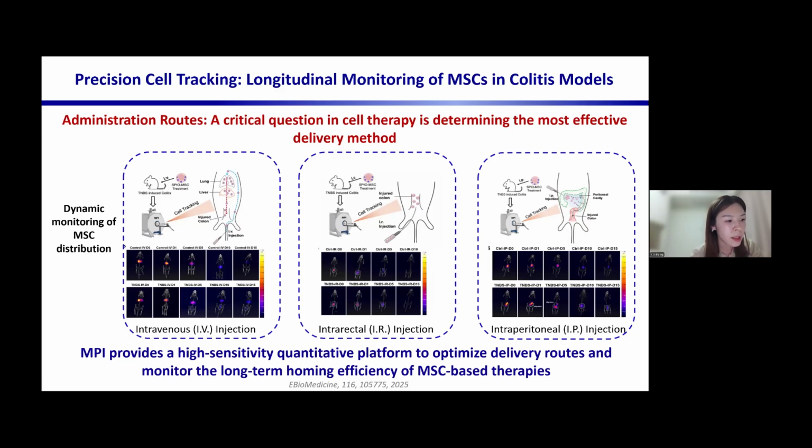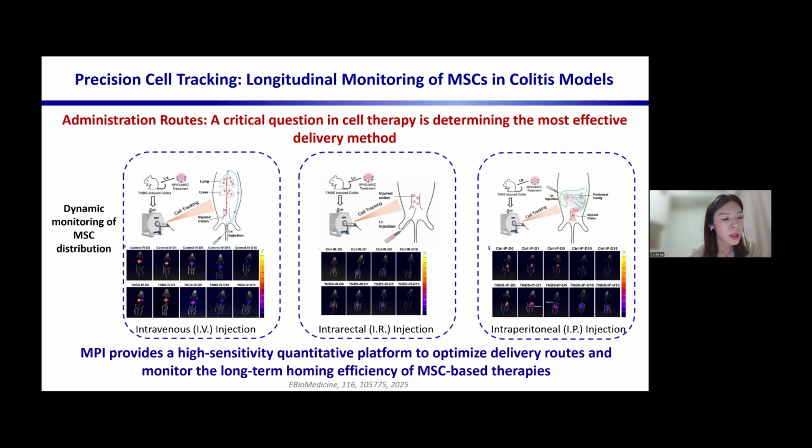And our findings revealed that intraperitoneal, or IP injection, was the most effective at enabling the cells to migrate and accumulate at the site of inflammation. And this, we believe, also provides a crucial visual rationale for selecting the delivery route in clinical applications.